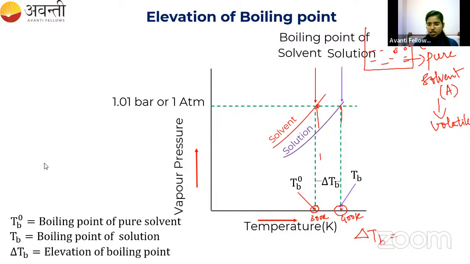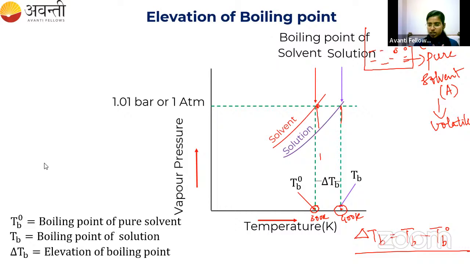The final is 400 Kelvin, which corresponds to TB, and the initial is 300 Kelvin, which is TB naught. So using this formula, we can calculate the delta TB. Is it clear to all of you? So if I am adding a non-volatile solute to a volatile solvent, the boiling point of the solution increases. This is the concept.